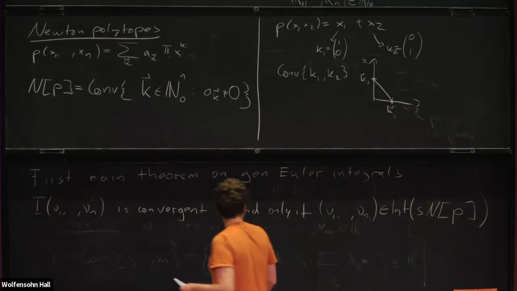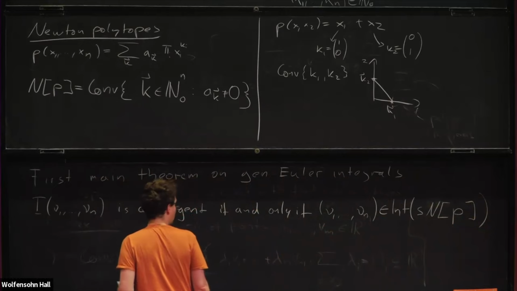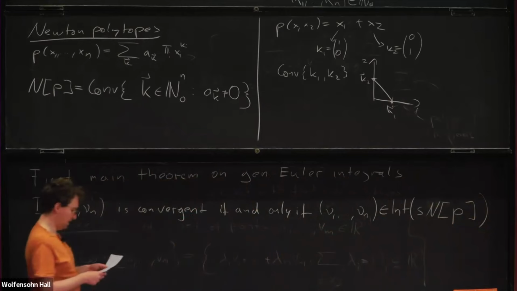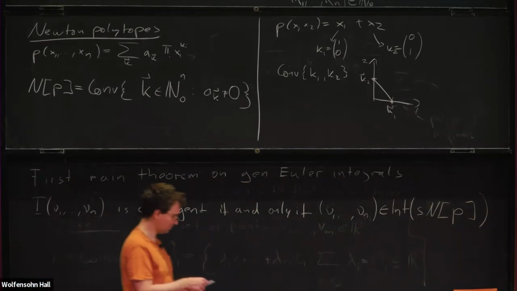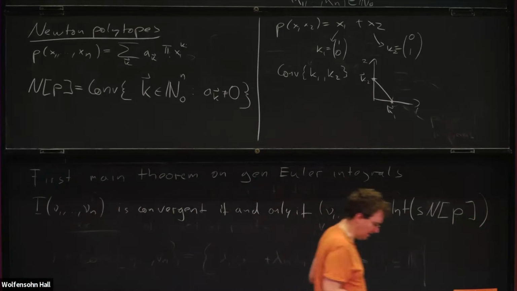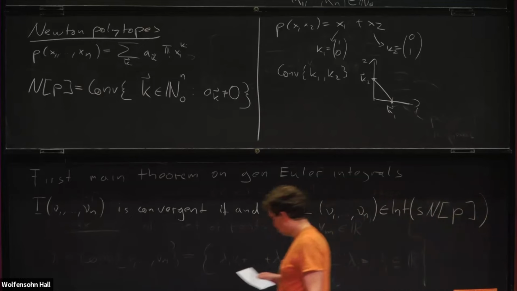And yeah, this is the condition that we have to lie in the interior of this Newton polytope. I will explain later why this is true, so we'll give some idea of the proof. But for now, I will just give an example.